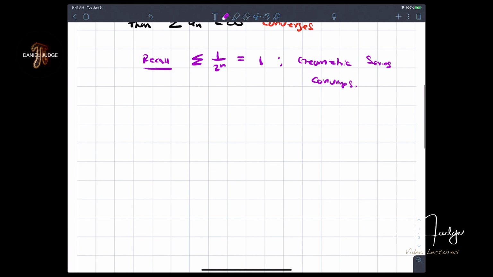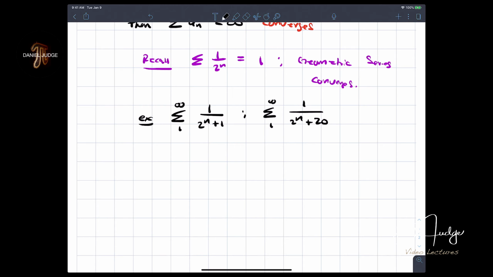Now, that's not the example, but if they said to you, what about 1 over 2n plus 1? And really, there's nothing special about 2n plus 1. They can give you something very similar, like 1 over maybe 2n plus 20. Doesn't really matter.